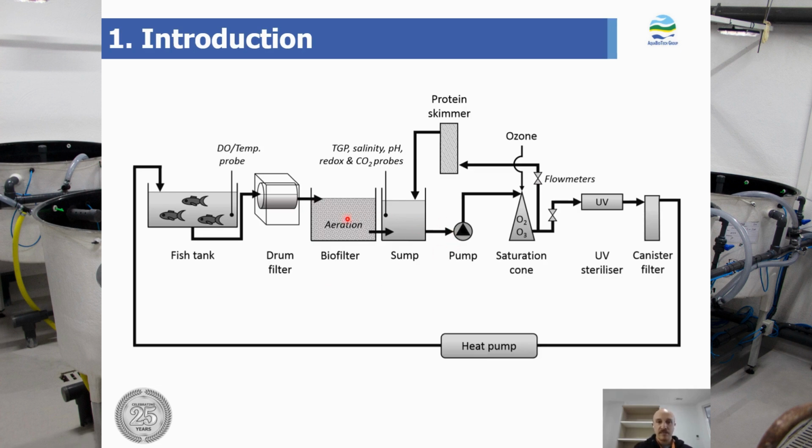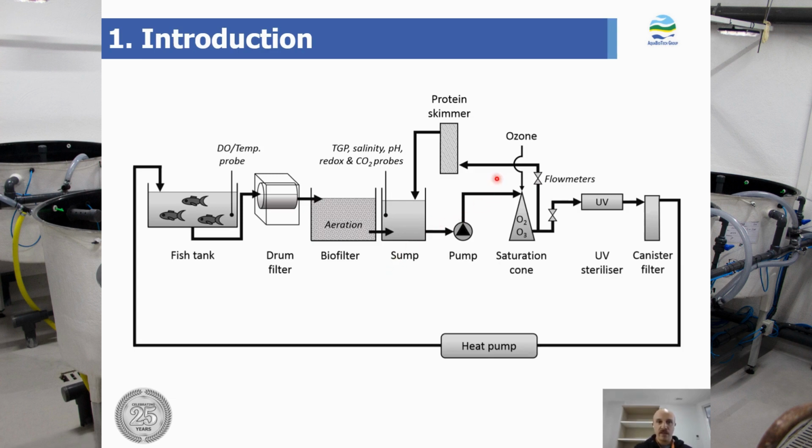And from these steps on, we have a set of what we call loops. So not all the water is passing through each of these steps, but overall there is an influence of each of these filtration units.